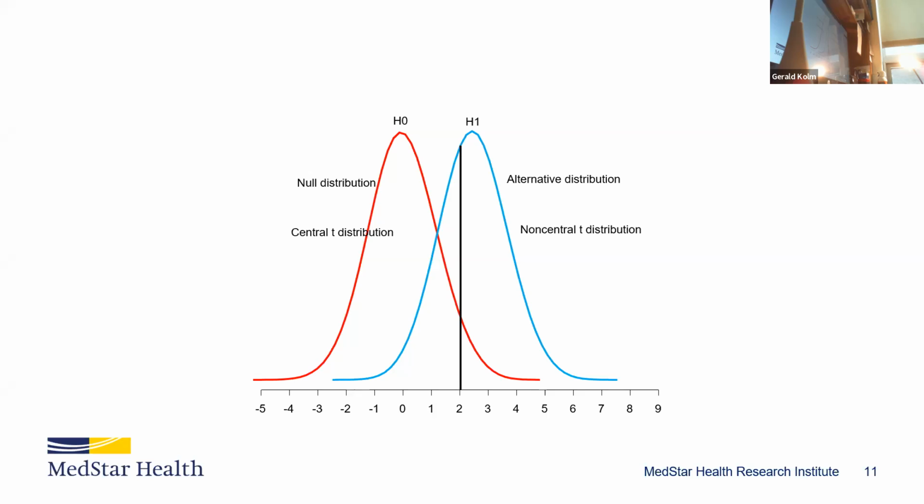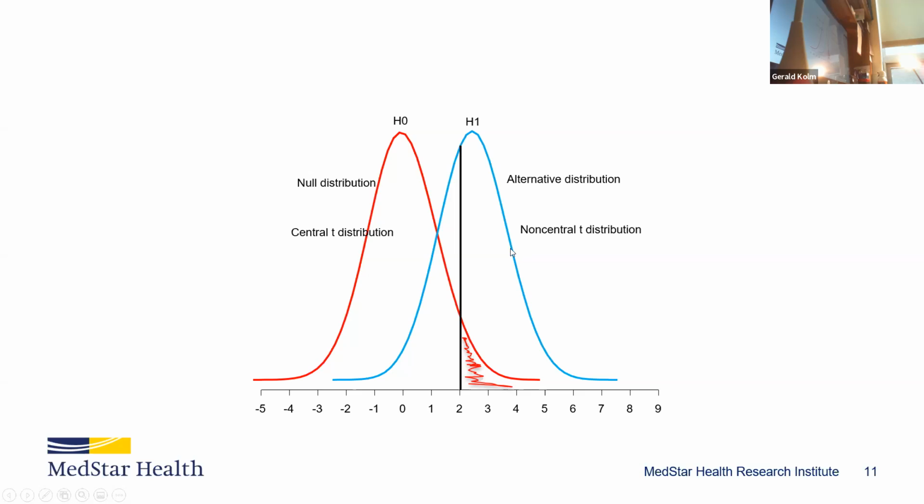If we focus on the null distribution and look at what we've decided we want to be our alpha error rate, if our p-value falls in this region, then there's a small chance that our results really belong to the null distribution.